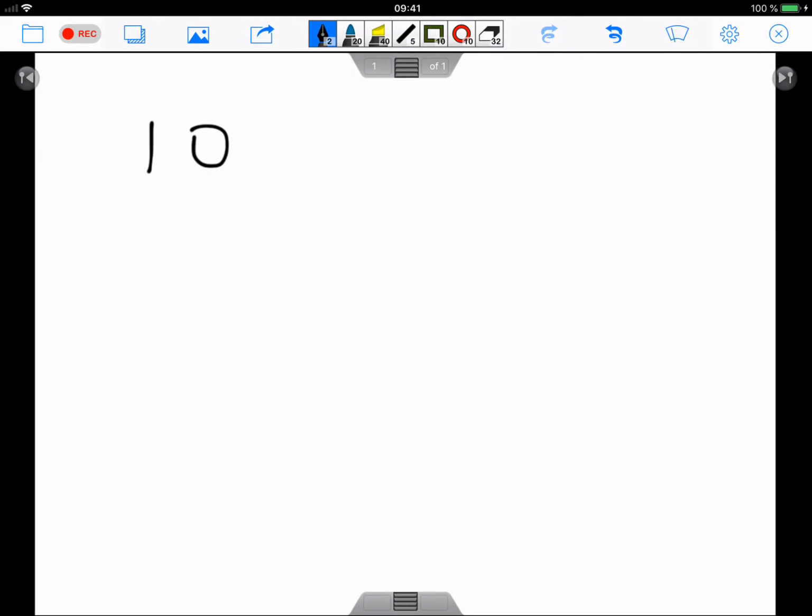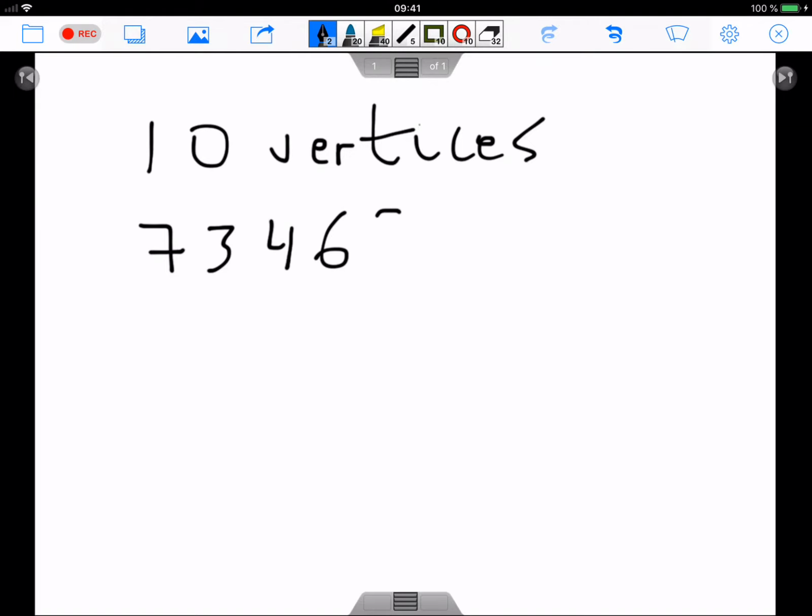If we are given a certain list of the vertices of this graph, for instance 7, 3, 4, 5, 6, 4, 6, 5, 2, 8, 1, 9, and 10, then we can easily check whether this is a Hamiltonian path or not.